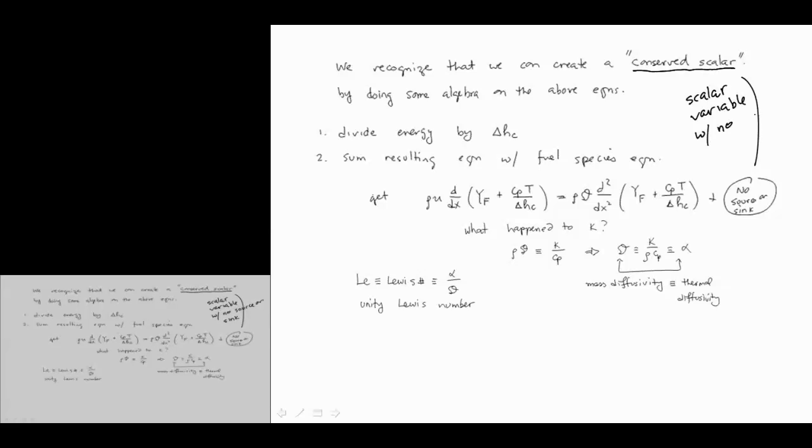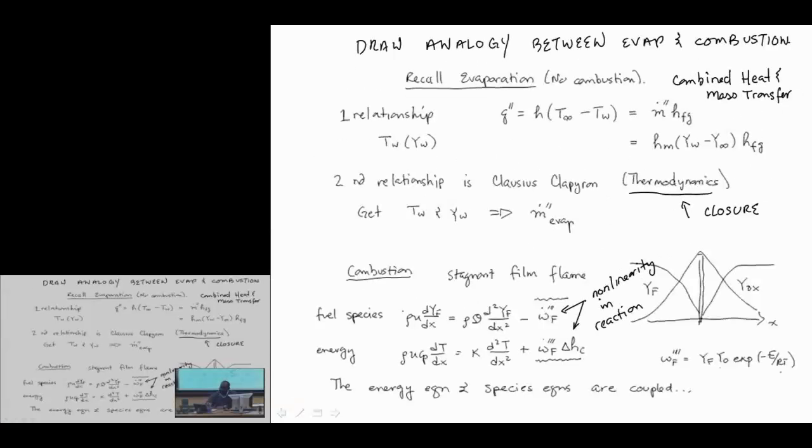So if you look at the fuel species equation and the energy equation as an example, in the fuel species equation, the sink term is this reaction rate term. In the energy equation, the source term has the same functional form, but it's multiplied by the heat of combustion.